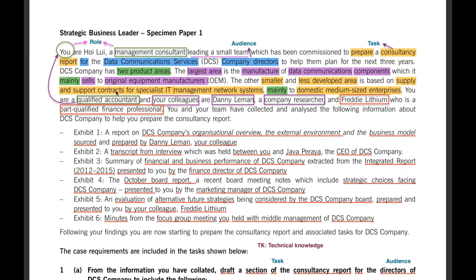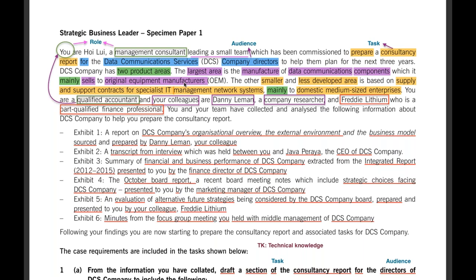In this introduction, they did mention to you that DCS company has 2 product areas. The largest area, the one that they are mainly producing, is to manufacture data communications components, which it mainly sells to original equipment manufacturers.